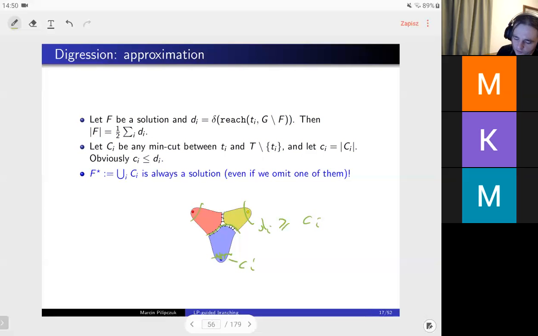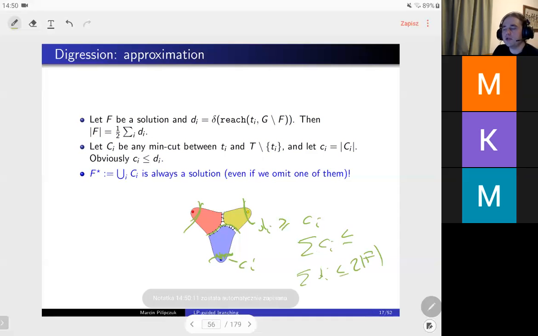Well, because if you cut all these guys here away, you pay the sum of ci, and this is smaller than the sum of di, which is smaller than twice the optimum solution. So after doing these reductions, cutting away all the terminals by cutting their incident edges is a two approximation to the problem. And actually, you can observe that you can cut away all but one terminal.